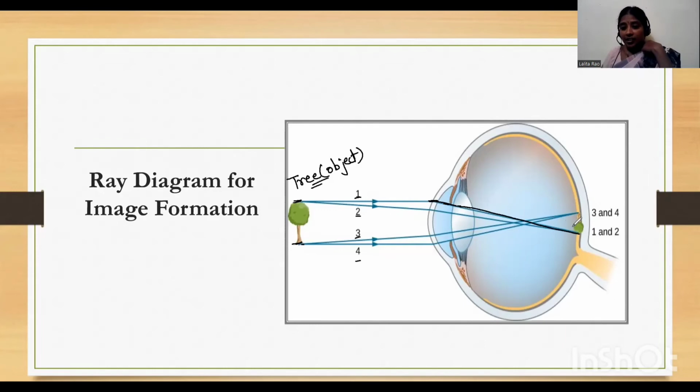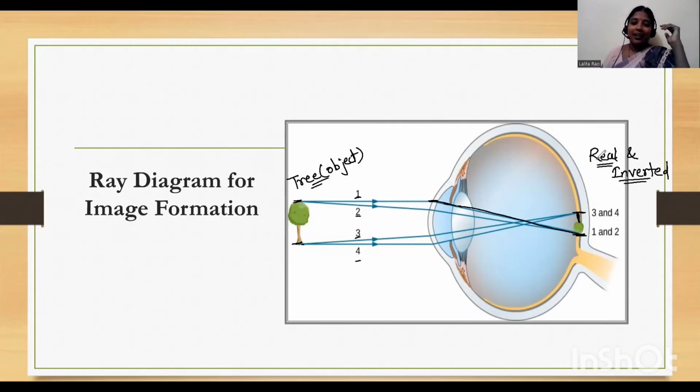Now look here. This tree's image, this top point's image, is formed here and the bottommost point's image is formed here. So the tree appears to us inverted. So this image is real and inverted. What type of image is formed on the retina? Real and inverted images are formed.